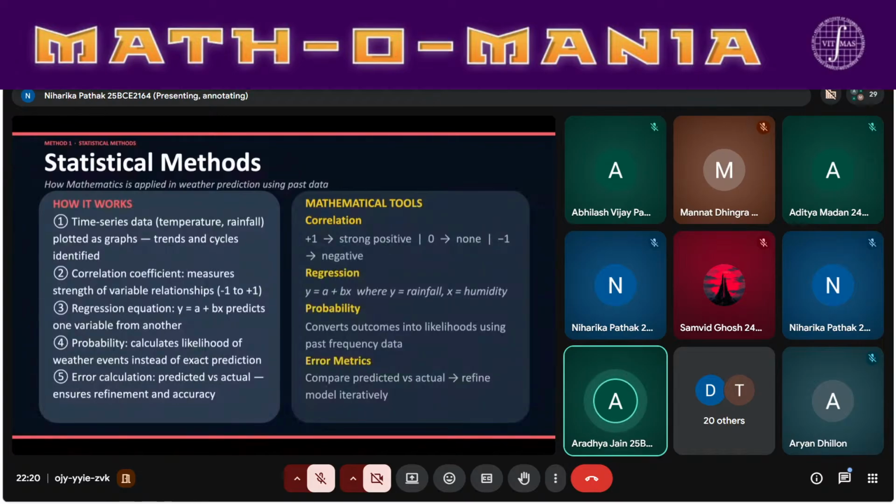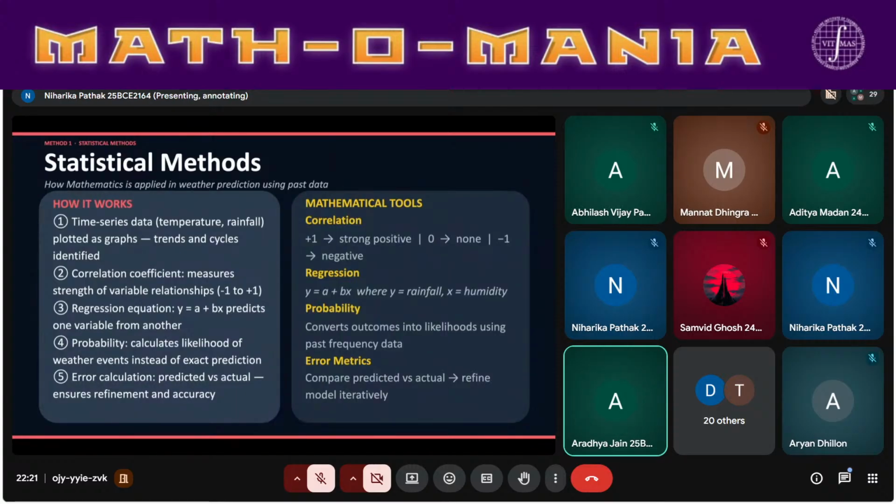But it could be any equation, okay? But for now, for easy understanding, let's take y = a + bx. This way we can plot it on a graph, and we can see how it increases, like on the y-axis rainfall is increasing, and on the x-axis humidity is increasing in the same way. So we can see the curve, and we can know, okay, this way they both are related.